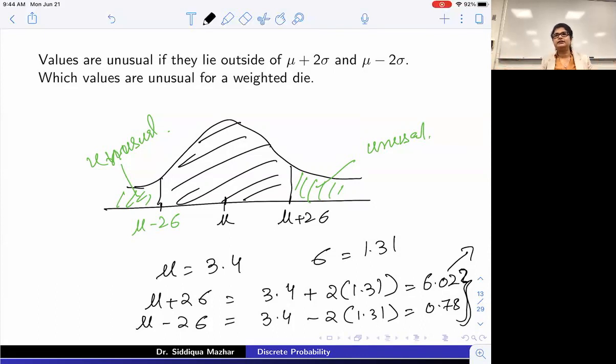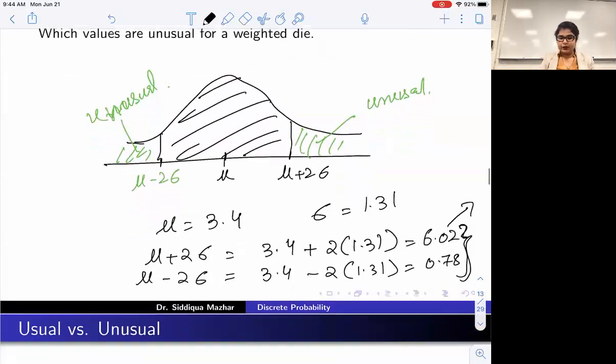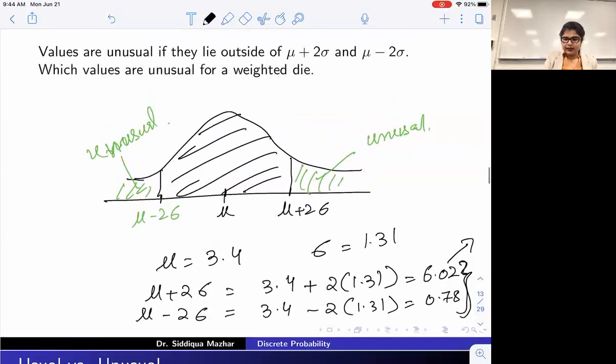So no value is unusual. Are you getting my point? Because the possible outcomes, how many outcomes are we having for X? 1, 2, 3, 4, 5, and 6. So the interval you find for the two standard deviations is 0.78 and 6.02.